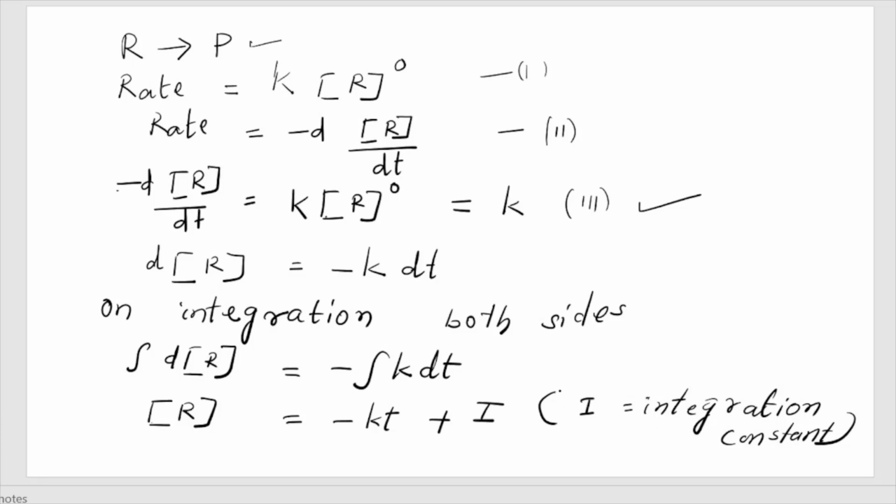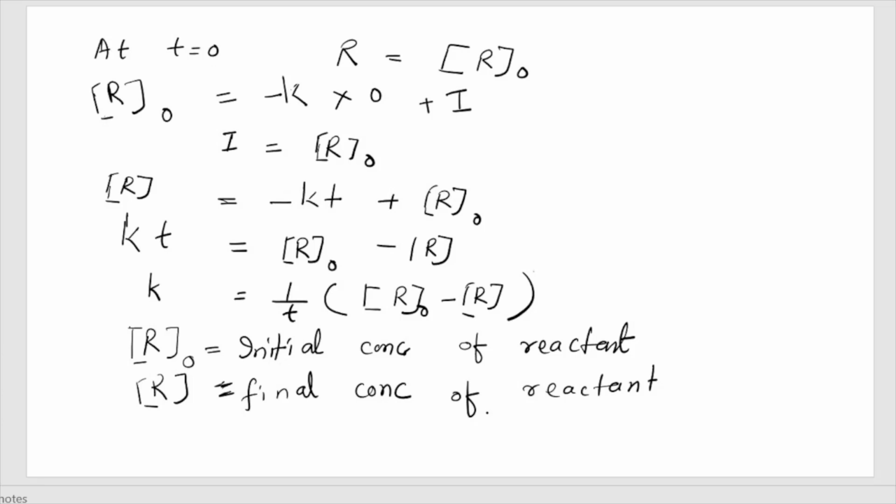So what is I? I is the integration constant. This is the integrated value you learn from your mathematics integration, and here R concentration, molar concentration, equals minus kt plus I. Then the question is, what is the value of I in terms of the molar concentration? So you should calculate the value of I. If we take time as 0, then what happens?